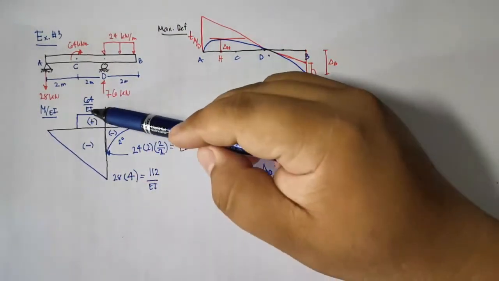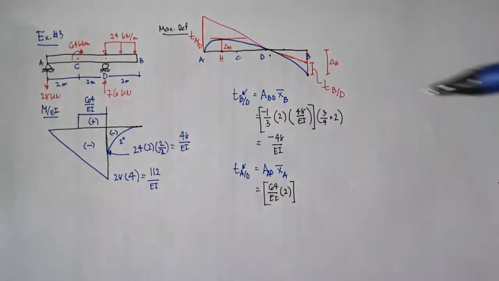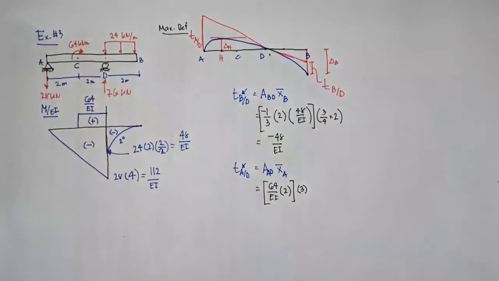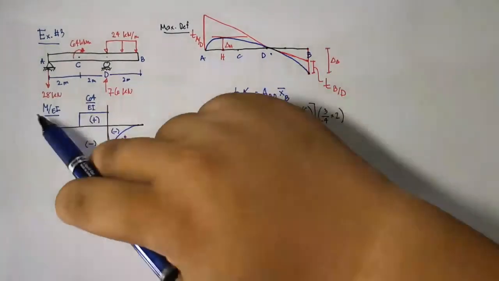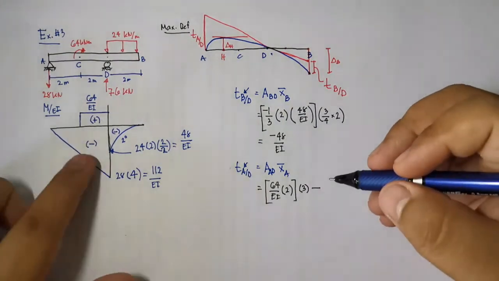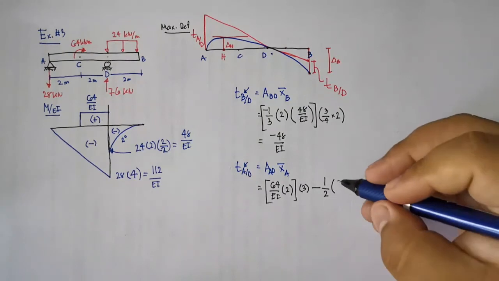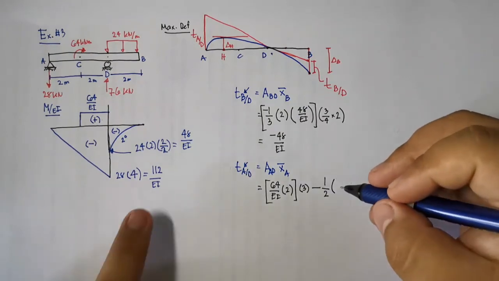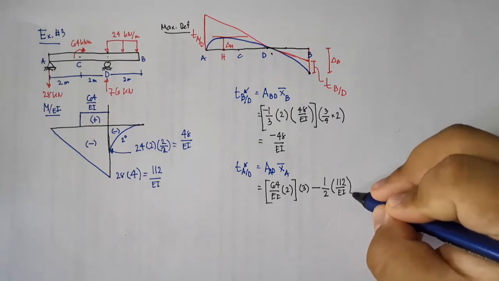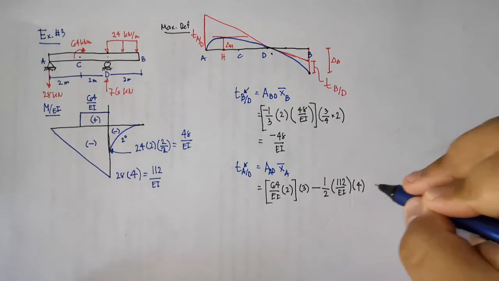So, the centroid of this is at this point, so this is 1 plus 2, therefore this distance is 3. That is positive because it is a positive area. Next is the triangle. That would be a negative area because it is below. So, 1/2 times the height, which is 112 over EI, times a width of 4.